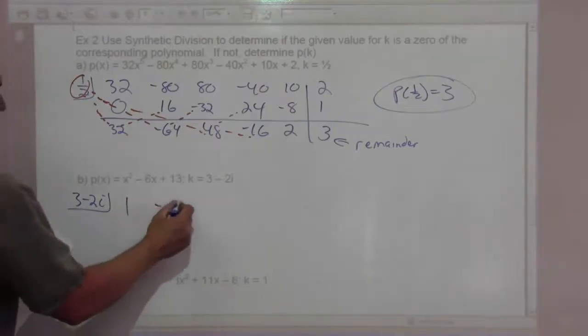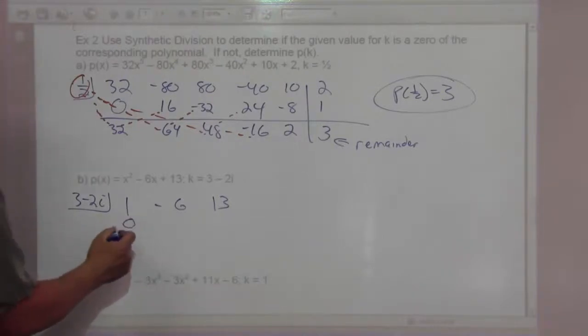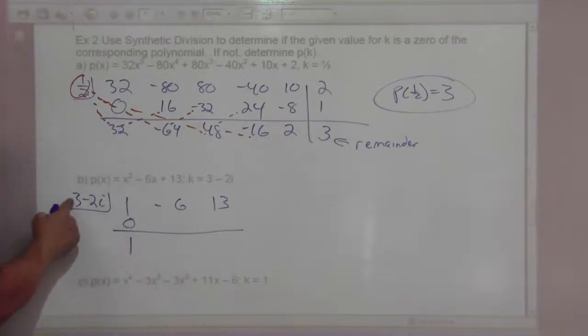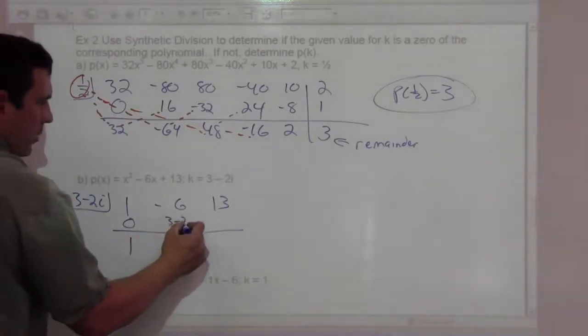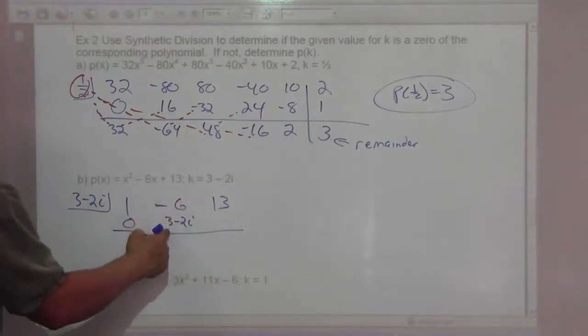So we're going to have 1, negative 6, and 13. Give myself some space here. 1 plus 0 is 1. 3 minus 2i times 1 is 3 minus 2i. Negative 6 plus 3 minus 2i.